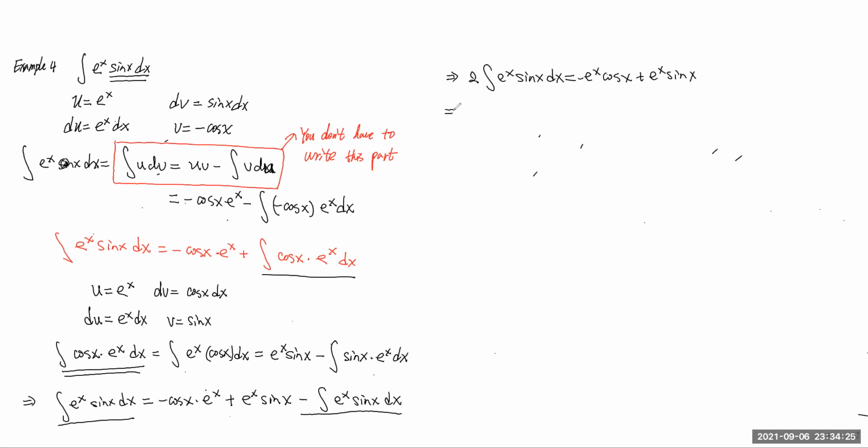So we obtained the integral of e^x sine x dx is half e^x (sine x minus cosine x). Okay, here, don't forget the constant.